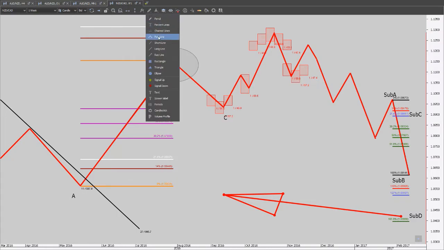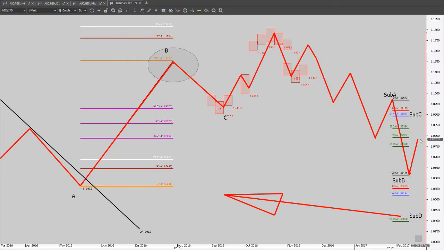Now, when the retracement happens inside the sub A and sub B boundary, there is an 80% chance that this retracement is going to be the extension of the AB, of the original Fibonacci.